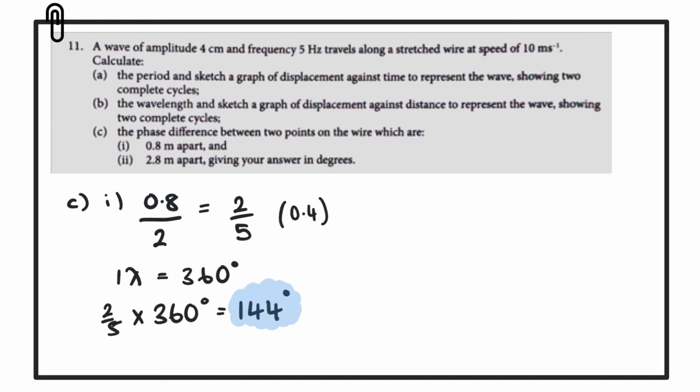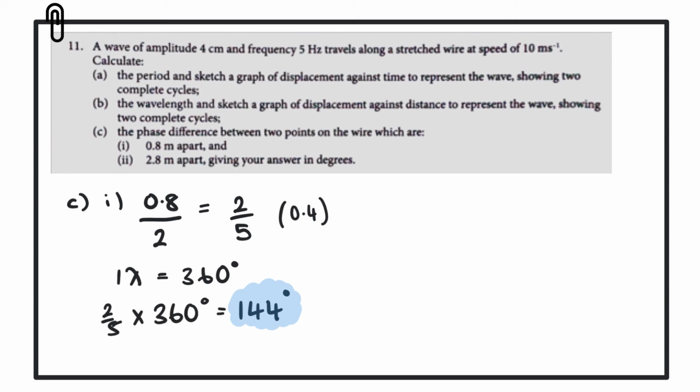So that is the phase difference, 144 degrees. We first work out the separation, which in this question was already given to us. We then work that out as a fraction of the entire wavelength or period, if that's what's given to us. And then we multiply that fraction by 360 degrees. And that will give us the phase difference in degrees.